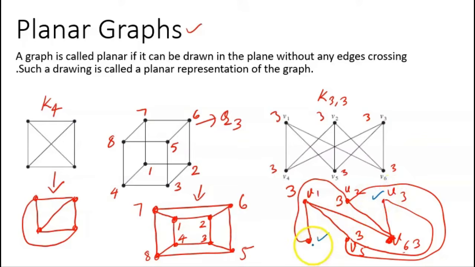So what we can do, let us start here, go from this direction. We are not touching any, and then I am going and joining it to this. Now did you notice that we are having one crossing here at this point? So it is not possible to draw K33 without any crossing. And I would suggest that this is not the only way to draw the graph; there are other ways also.